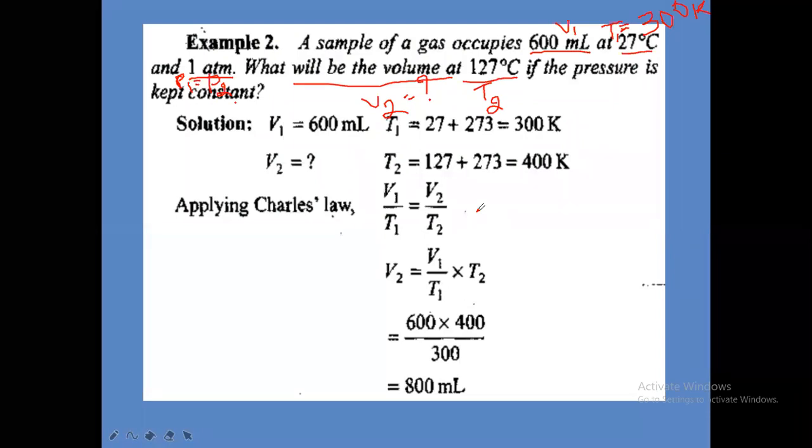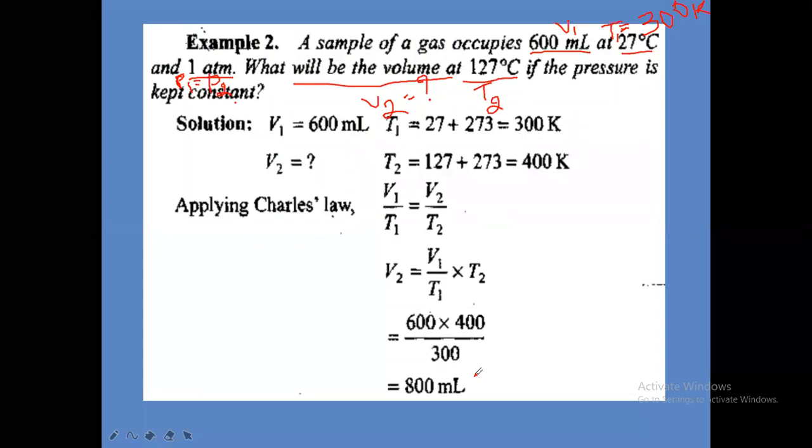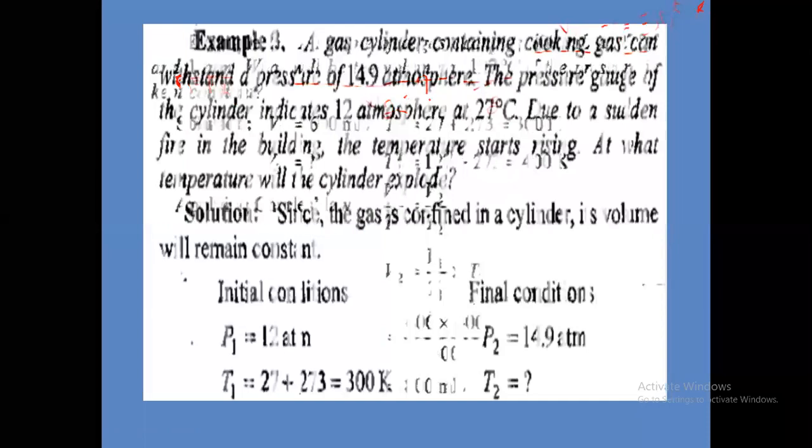From this we need to calculate V2. V2 is equal to V1 T2 by T1, that is equal to 800 ml. So we can calculate the volume of the gas at final condition. This is according to Charles law. The first, previous problem is based on Boyle's law, and the second one is Charles law.